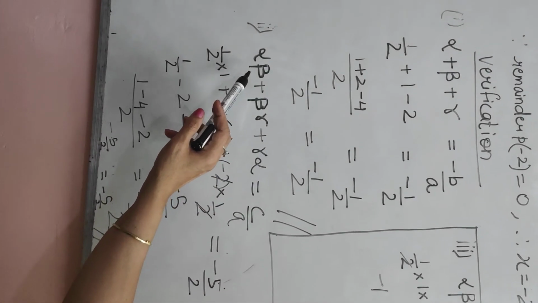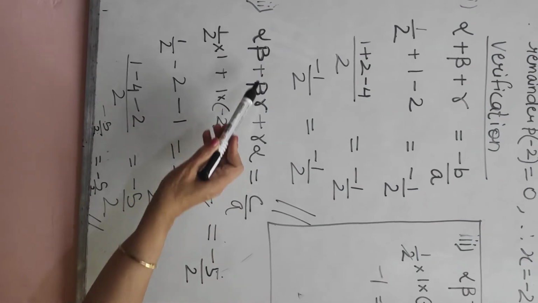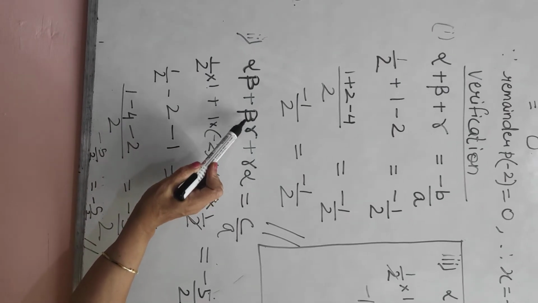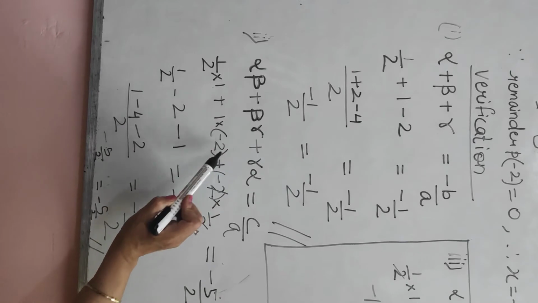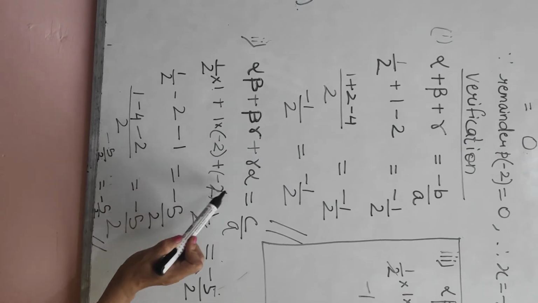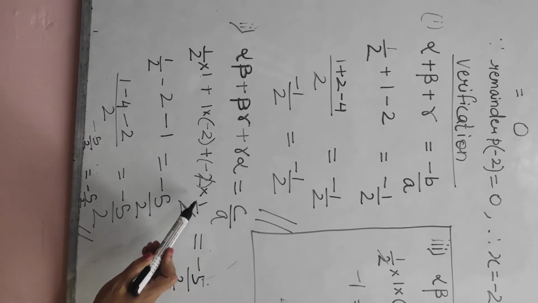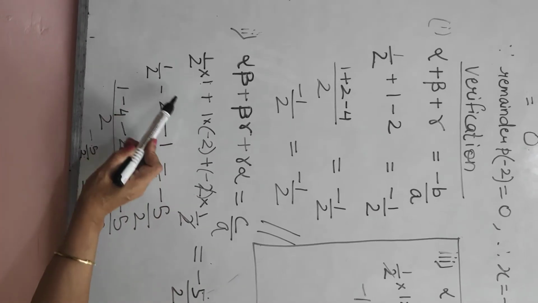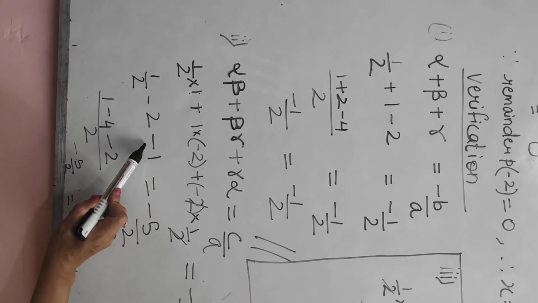Second verification is sum of the product of the zeros taken 2 at a time. So first zero 1 by 2 into second zero 1, plus second zero 1 and third zero minus 2, plus third zero minus 2 and alpha again first zero 1 by 2. 2 and minus 2 gets cancelled off. Now from here we get 1 by 2 minus 2 minus 1 by 2, minus into plus minus, so minus 1.